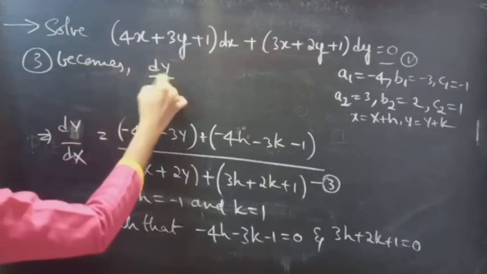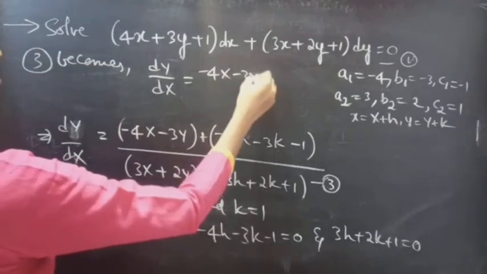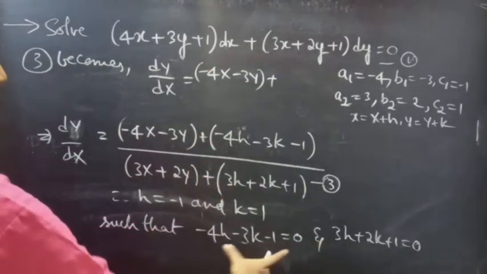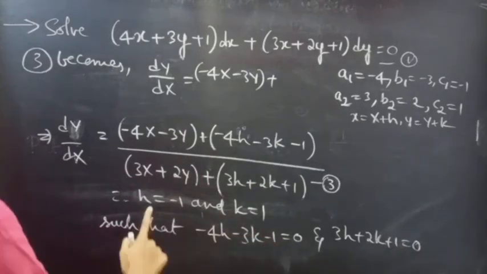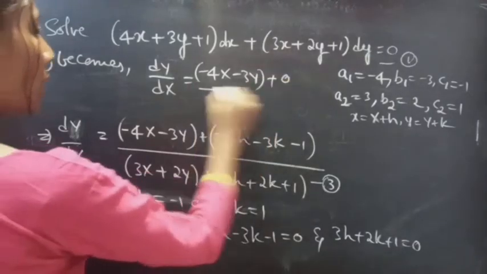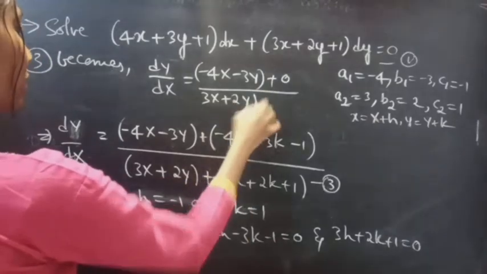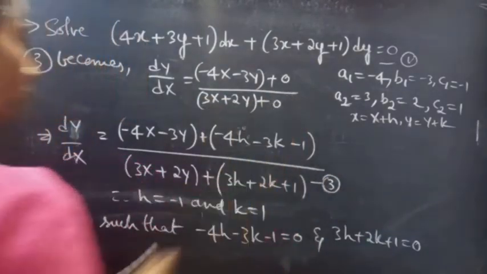dY by dX equals minus 4x minus 3y plus this is equal to 0, right? Since minus 4h minus 3k minus 1 equals 0 after substituting h and k values, by 3x plus 2y plus this also equals 0, right?